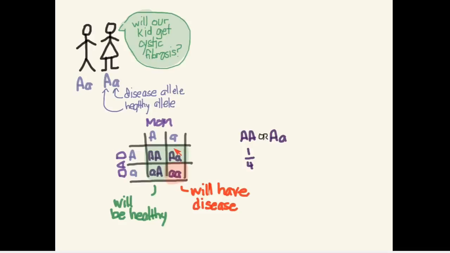You can have this one or this one, so it's 2 out of 4. And since we said this was an "or" situation, we're going to be using our addition rule, and if we add these numbers up, we get 3 out of 4. And if we look at this, that was pretty obvious, because we have 1, 2, 3 ways to be healthy out of a total of 4.